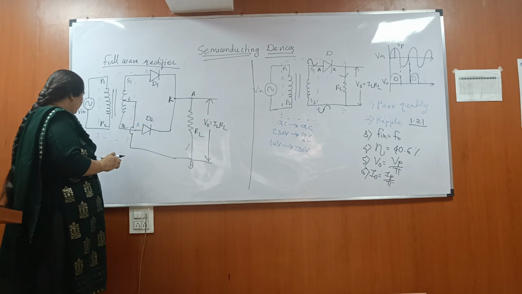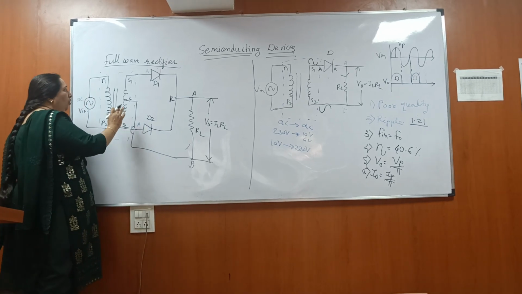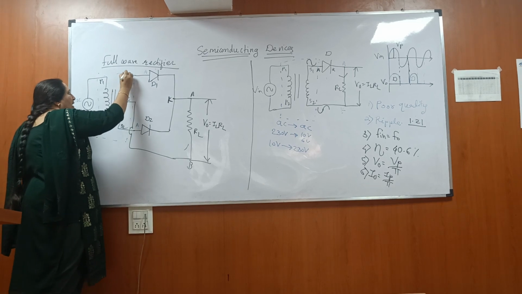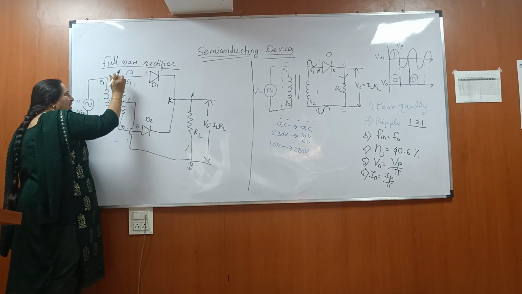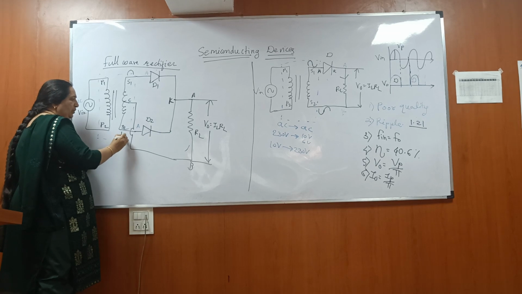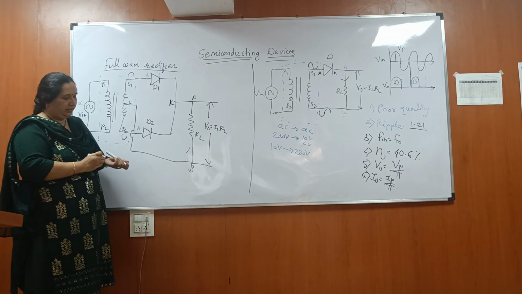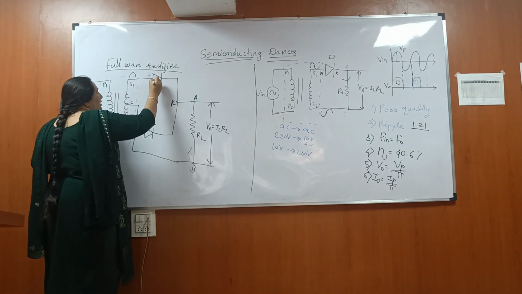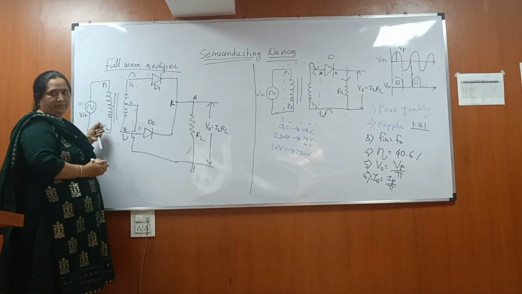Now the working of the circuit is such that during the positive half cycle, when S1 is at positive potential, S2 is at negative potential. So S1 is at positive potential, therefore diode D1 conducts.